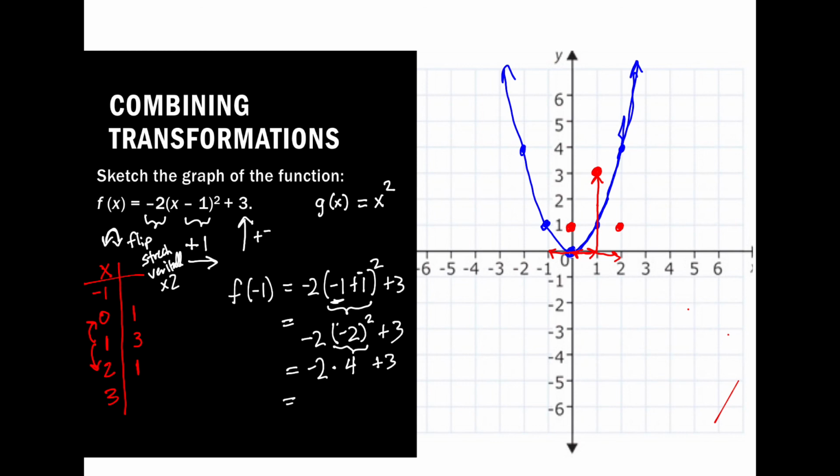Well, negative 2 times 4 is negative 8, which results in negative 5. So I got negative 5 here when I substituted negative 1. I've already established the symmetry. Negative 1 is 2 units away from positive 1, and 3 is 2 units to the right of positive 1.